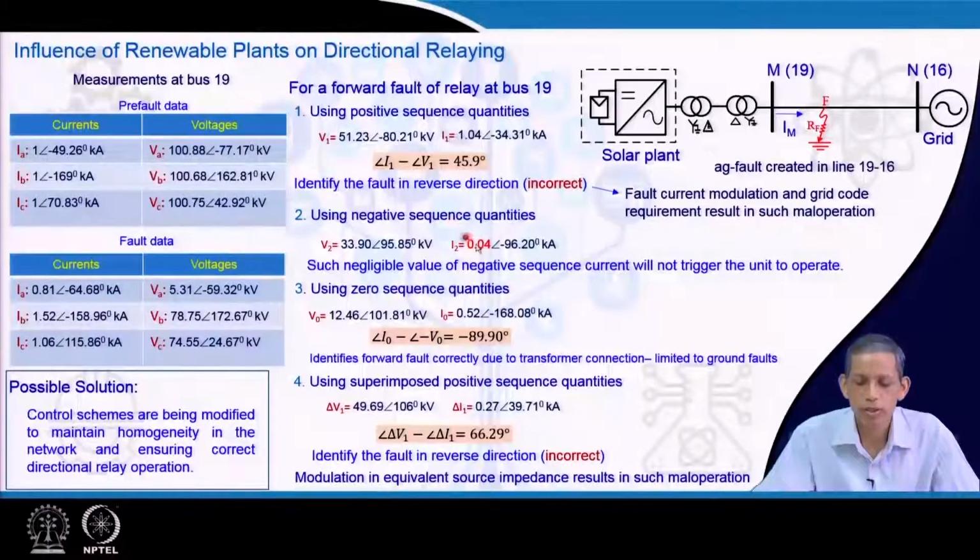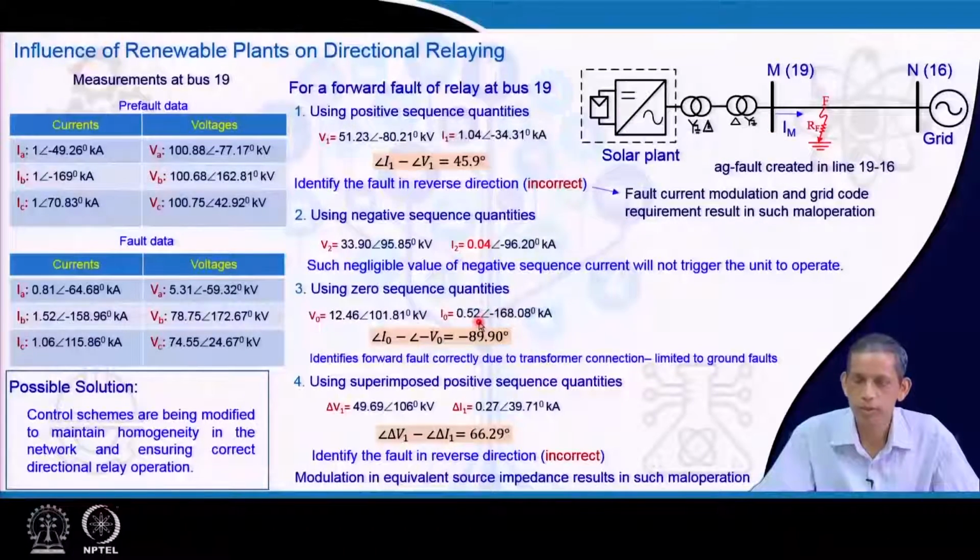Negative sequence current, you see here, is insignificant. We have already mentioned that the control action does not allow negative sequence current because of the balanced control approach. So, this small amount of current becomes unreliable. We cannot rely on the negative sequence current, so this is also rejected. Using zero sequence quantities, since this is a phase A to ground fault, zero sequence current will flow.